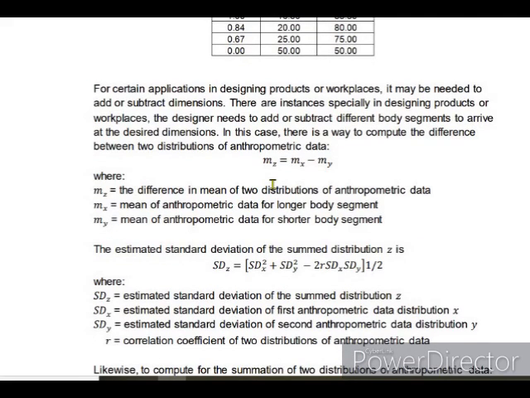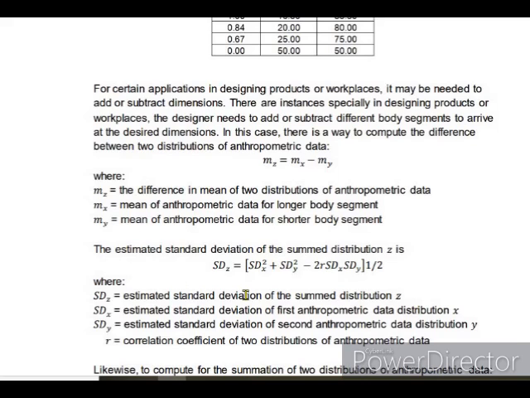M sub z is equal to m sub x minus m sub y, where m sub z is the difference in mean of two distributions of anthropometric data. M sub x is the mean of anthropometric data for the longer body segment. M sub y is the mean of anthropometric data for the shorter body segment.